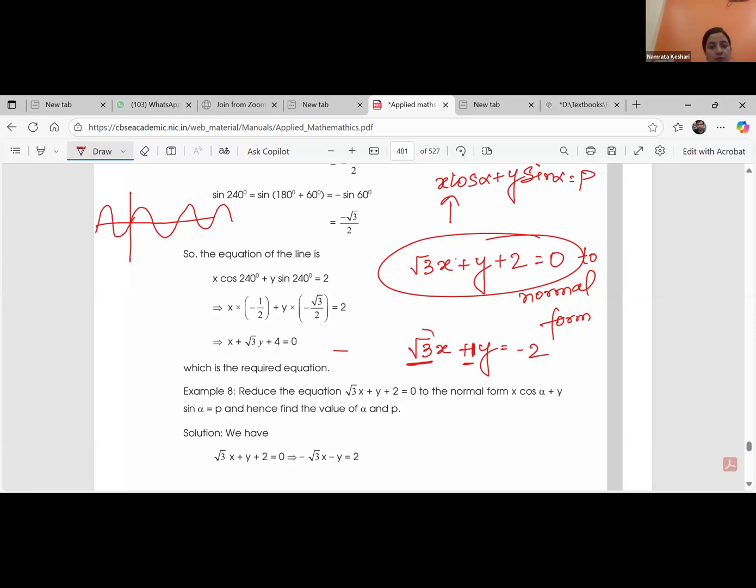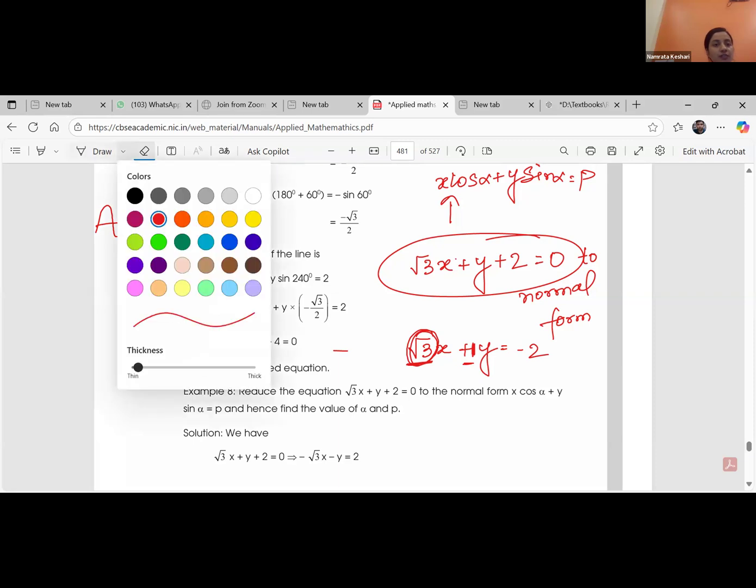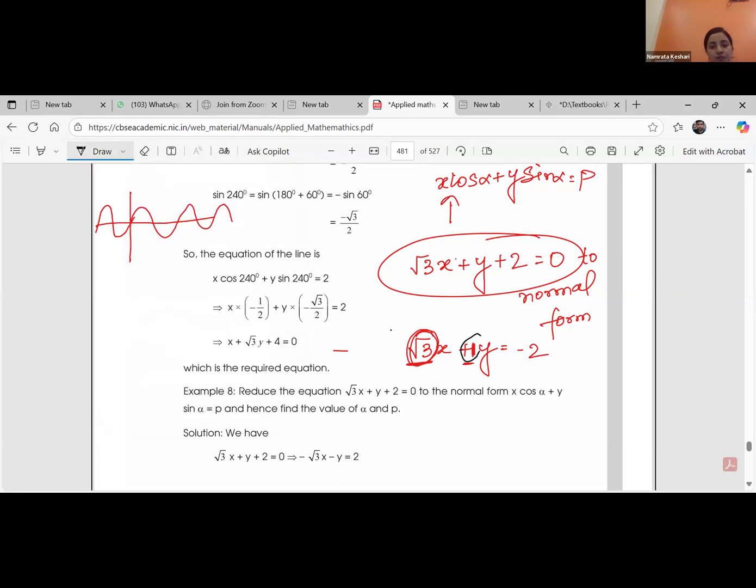So here you can see root 3. Have you seen just root 3 in the sine table? Just root 3, sorry, cos. First we'll be talking about the cos one, because x cos alpha is there.